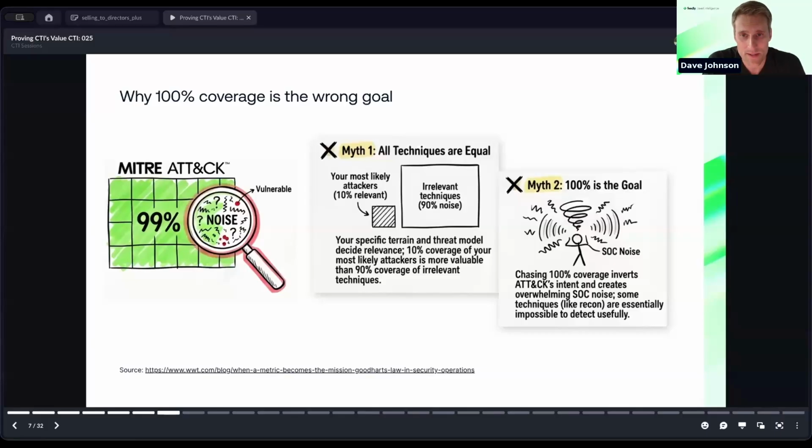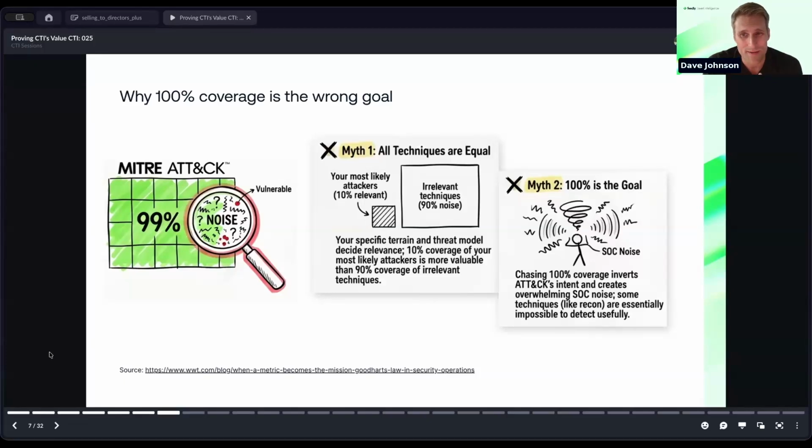Threat modeling, actually looking at what's relevant to your organization, drawing from your own intelligence requirements, is what should help you focus on what to spend effort on. Not only that, but not all techniques are equal. As an intel analyst you're always told to move left in the attack chain. But if you go too far left into reconnaissance, where they're staging activity, there's tons of noise.